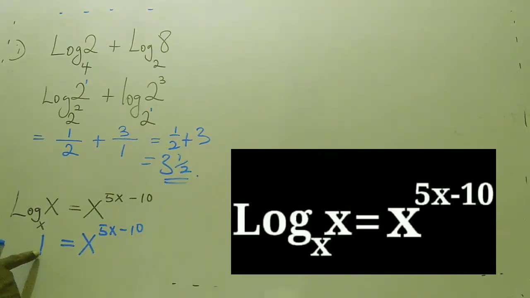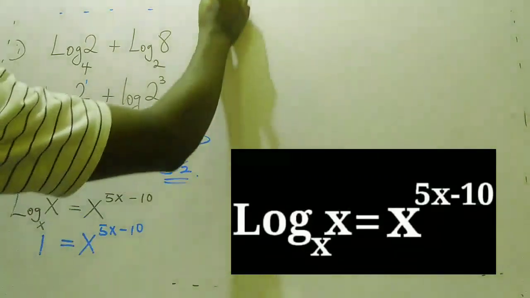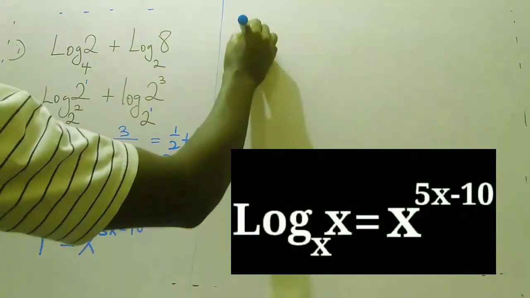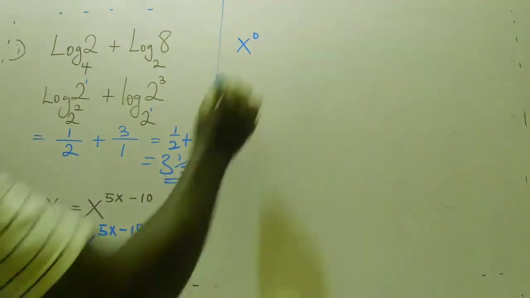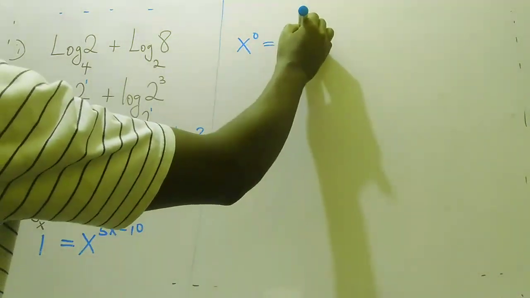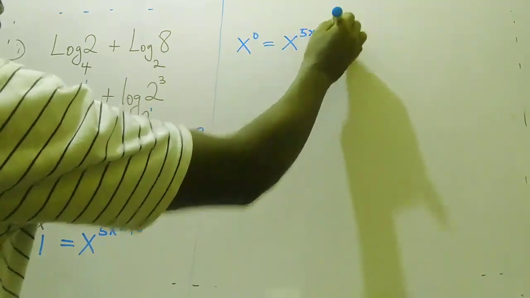Next, I can write this one as, okay, let me come here, I can write this one as x raised to the power of 0, and then I put down this.